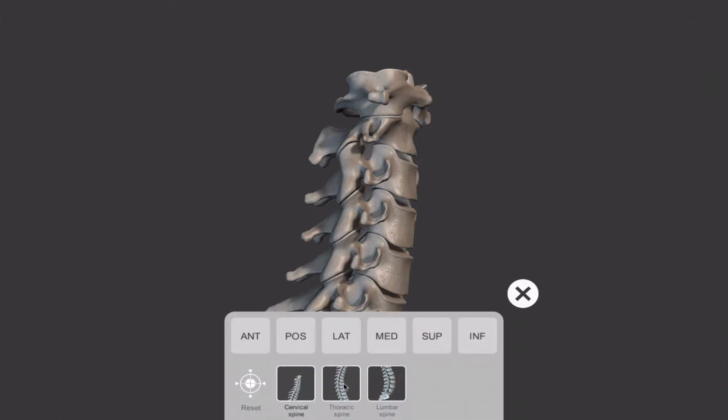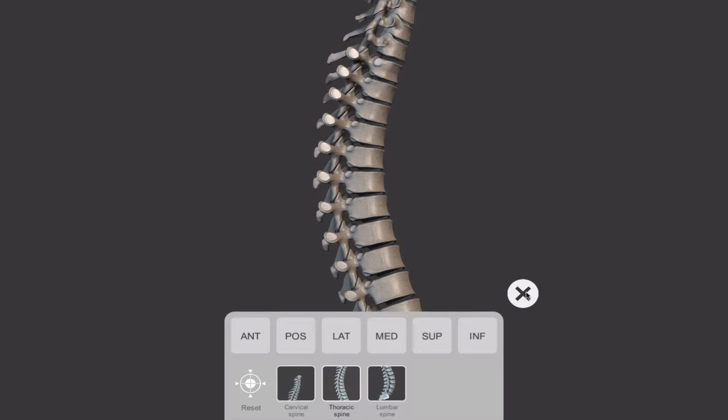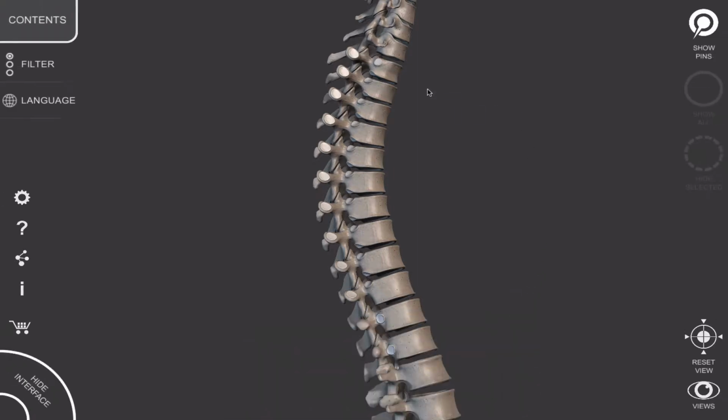As we go further down, the thoracic spine has 12 segments, and they are named T1 through T12. T1, 2, 3, 4, 5, 6, 7, 8, 9, 10, 11, 12.